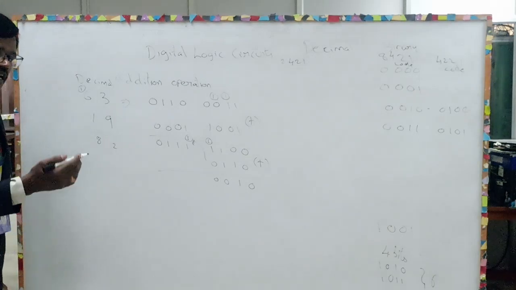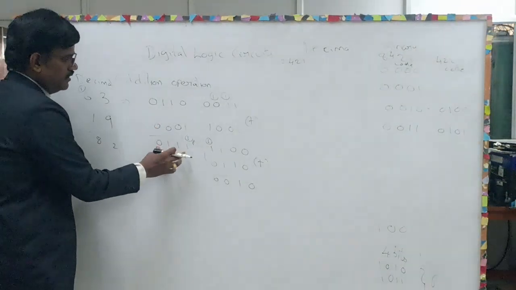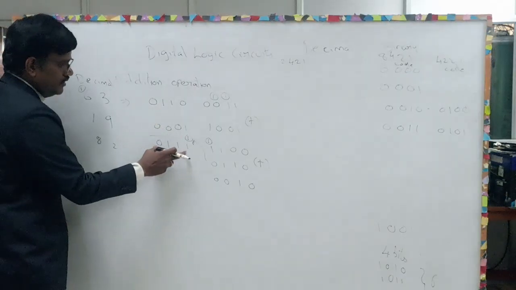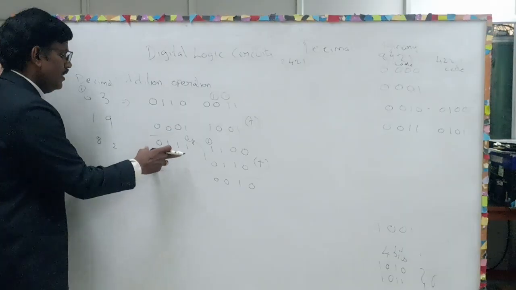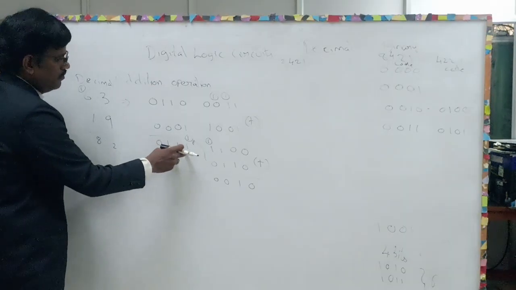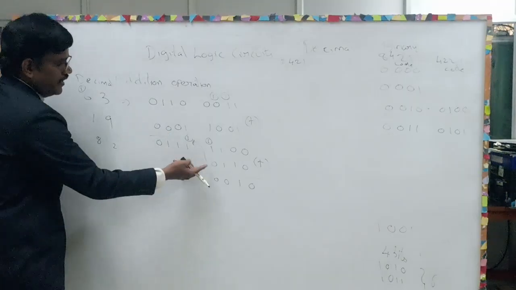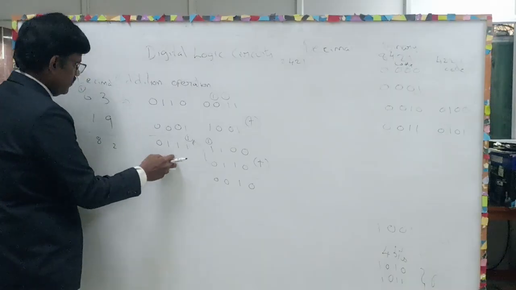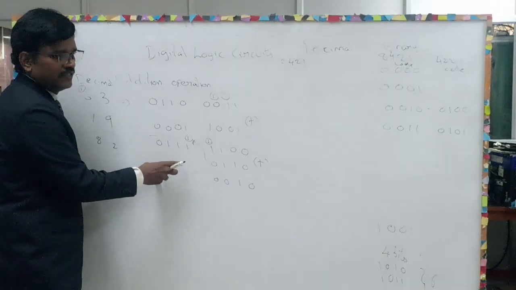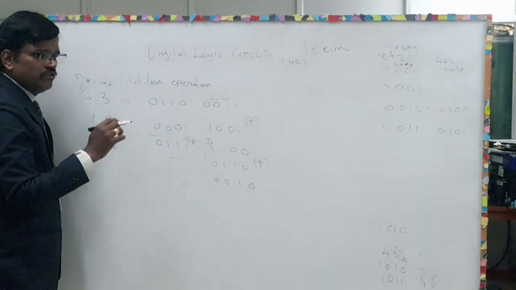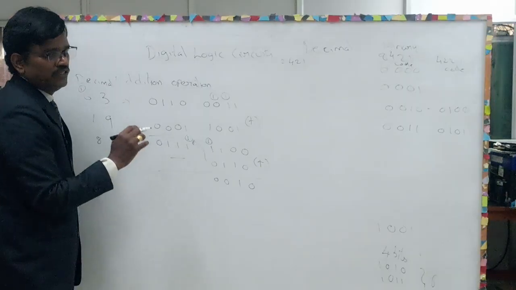When there is a carry in the next nibble, we check whether it is a used combination or an unused combination. This is already a used combination. 0 1 1 1 is actually 7, but we have a carry. For that we do not have any 6 to be added here. Only when it is an unused combination are we supposed to use the 6.